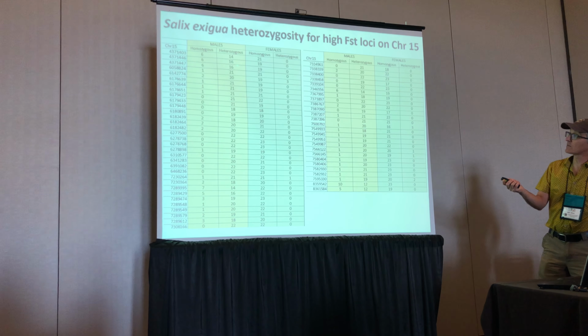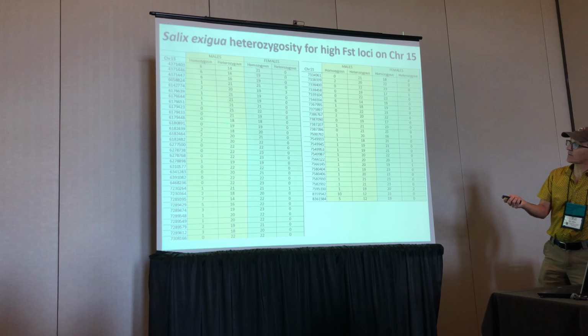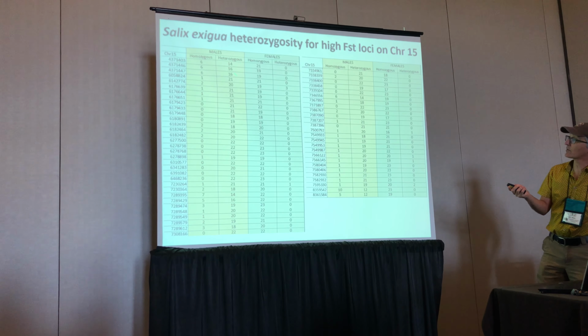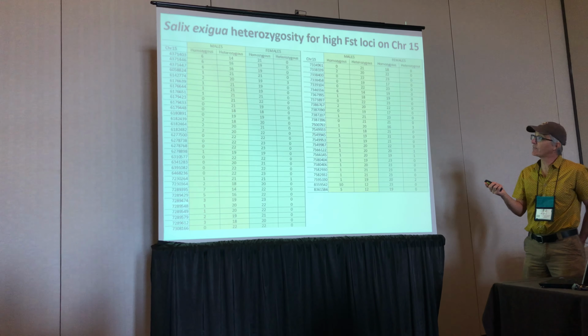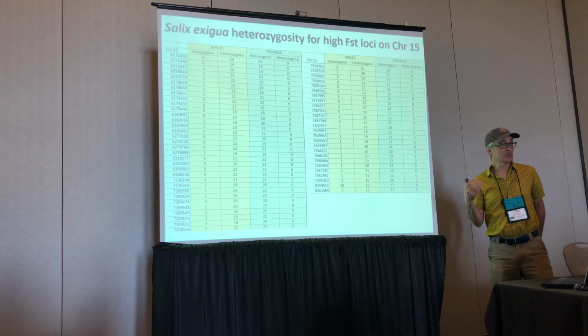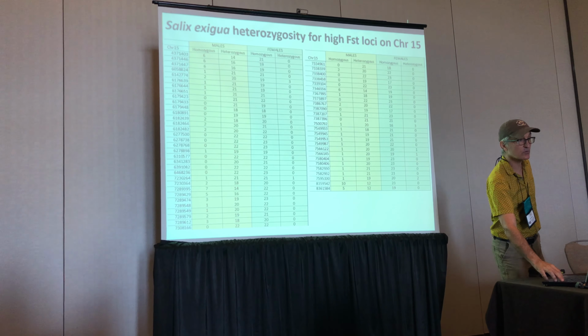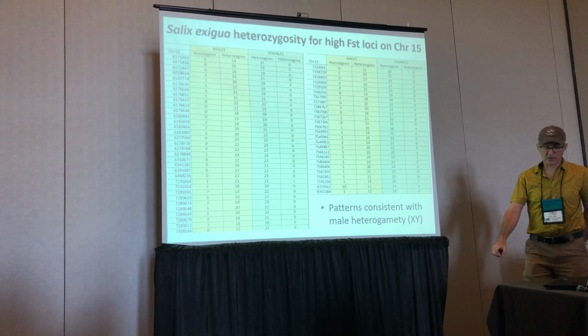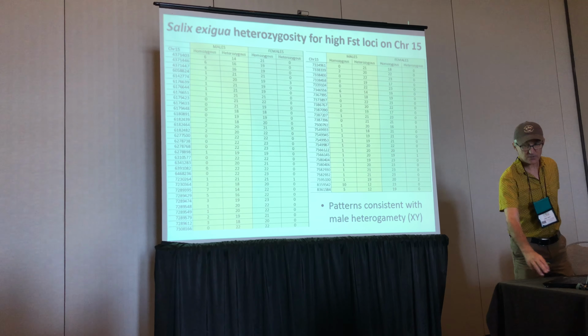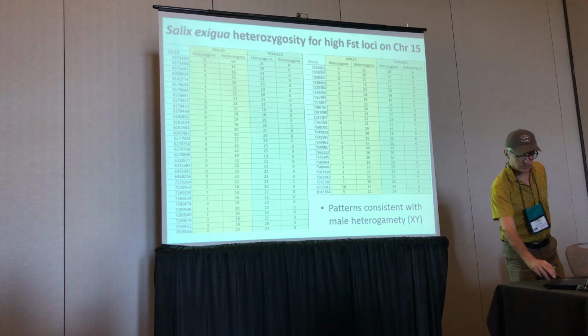But the difference is that the males have excess heterozygosity for these SNPs around this region, and the females have excess homozygosity, which is consistent with an XY system and is quite different than what's going on in Salix purpurea. So here we have a chromosome 15 XY system.